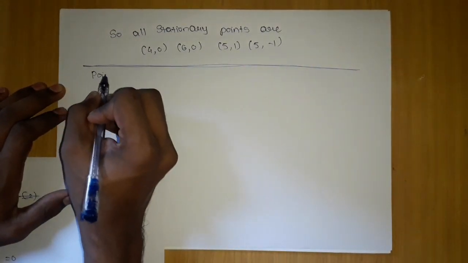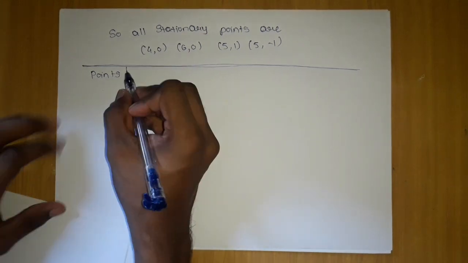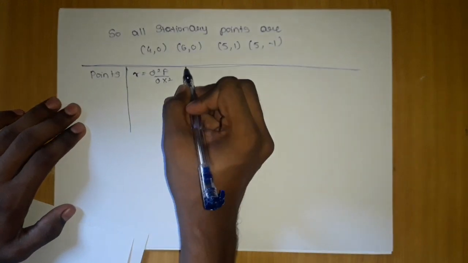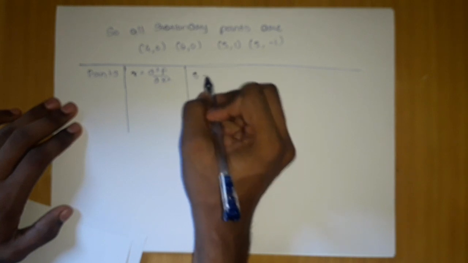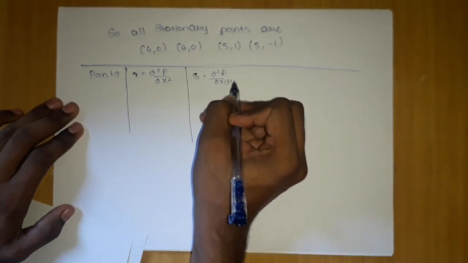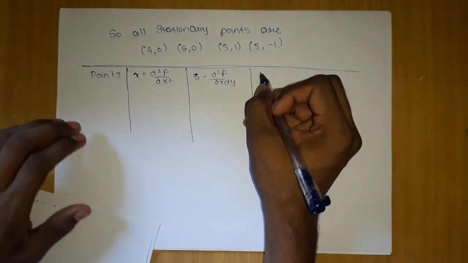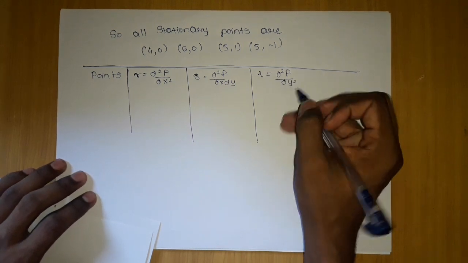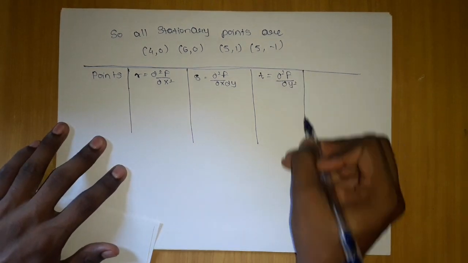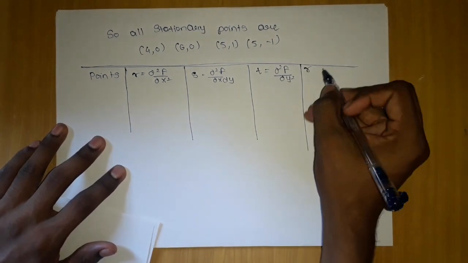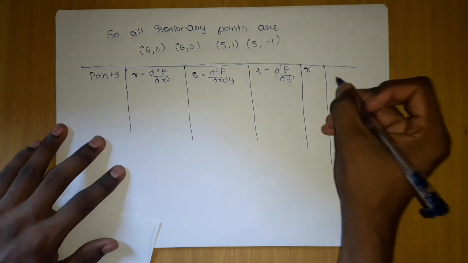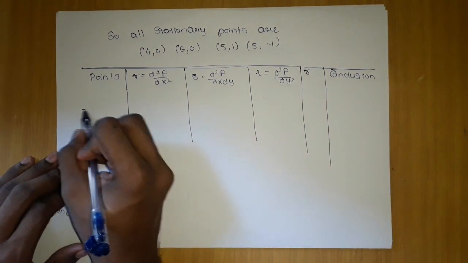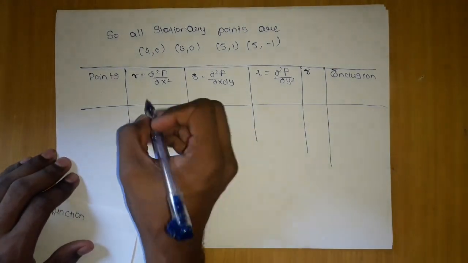The first will be points, the second section will be for r, which is del square f by del x square, and after this the section will be s, which is del square f by del x del y, and after this t, which is del square f by del y square, and after this you are going to check r nature, and then lastly the conclusion. Although I have not drawn the lines straight, you should focus on what the process is.